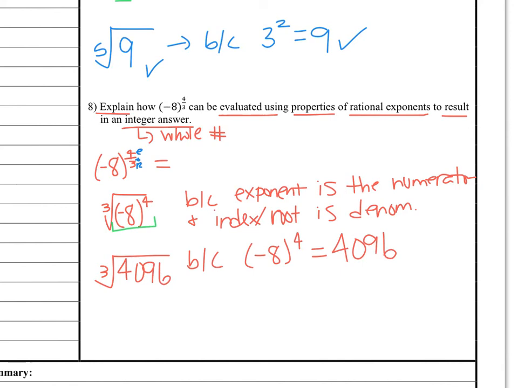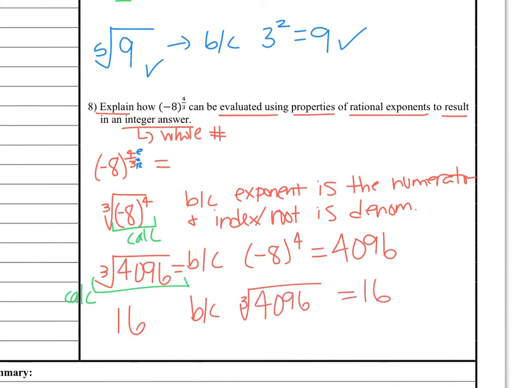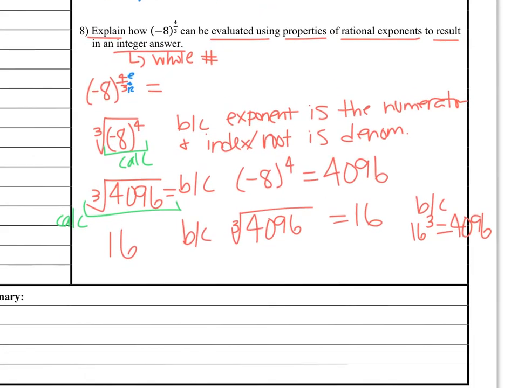And if you actually type the cube root of this into your calculator and evaluate that, that ends up becoming just a whole number of 16. And that's just because the cube root of 4096 is equal to 16. Because 16 times 16 times 16, in other words, 16 to the 3rd power, is equal to 4096.